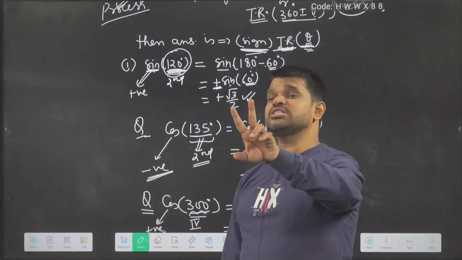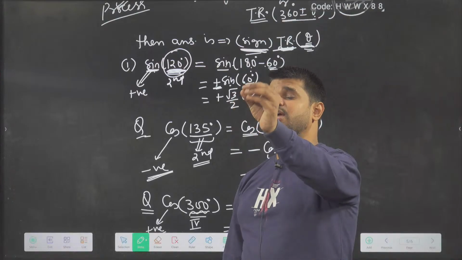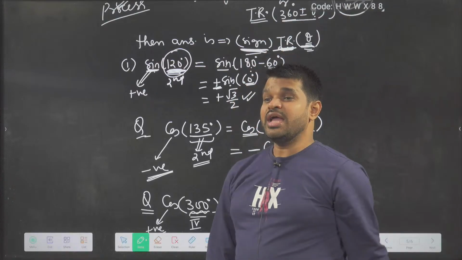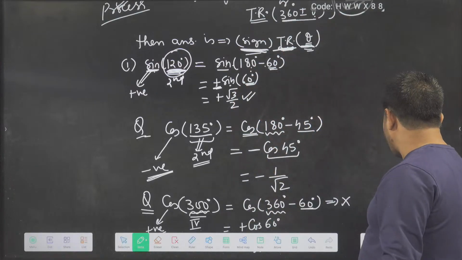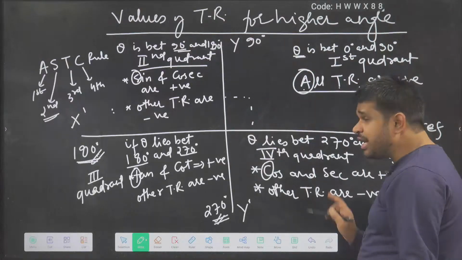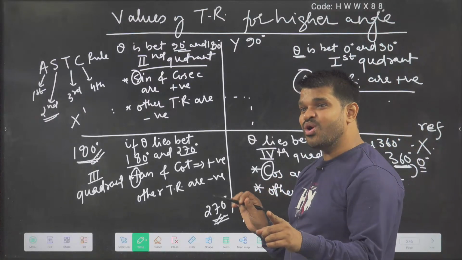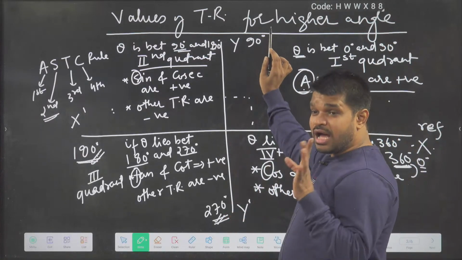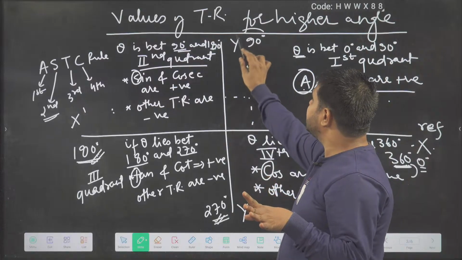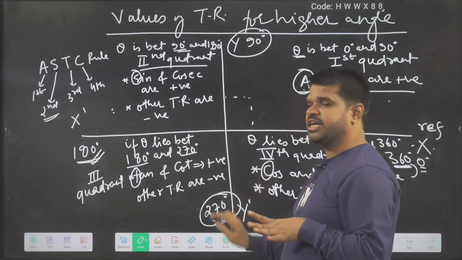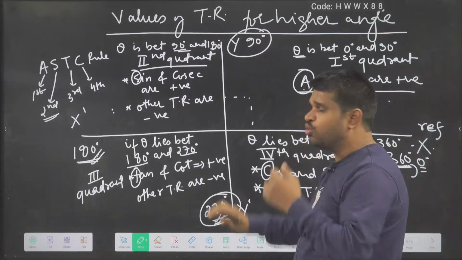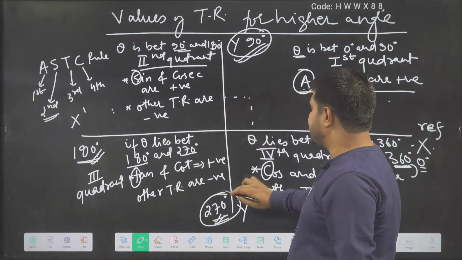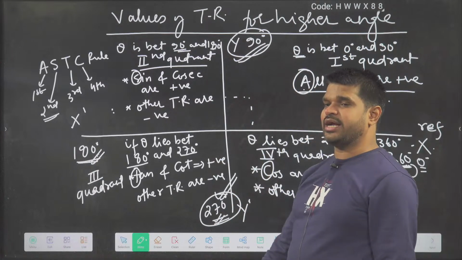Two more questions I will tell you. Then I will tell you process number 2. In process number 2, I am giving you a hint. In process number 2, I will write the angle either using 90 degree or 270 degree. I will be using 90 degree and 270 degree to write the angle.